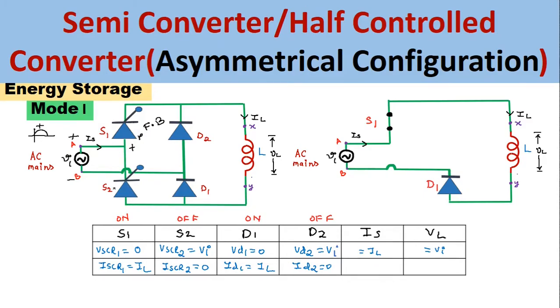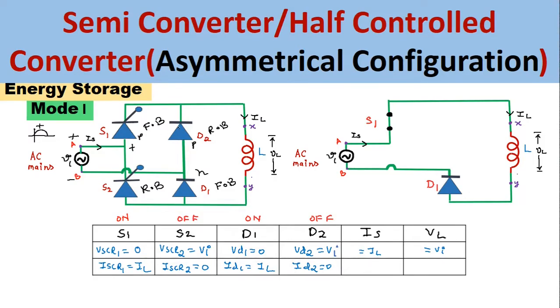This positive goes to SCR S2, therefore S2 goes into the reverse bias condition and eventually turns off. This negative polarity goes to the P side of diode D2, so D2 goes into the reverse bias condition, but when this negative polarity goes to the N side of diode D1, it goes into the forward bias condition and starts conducting.